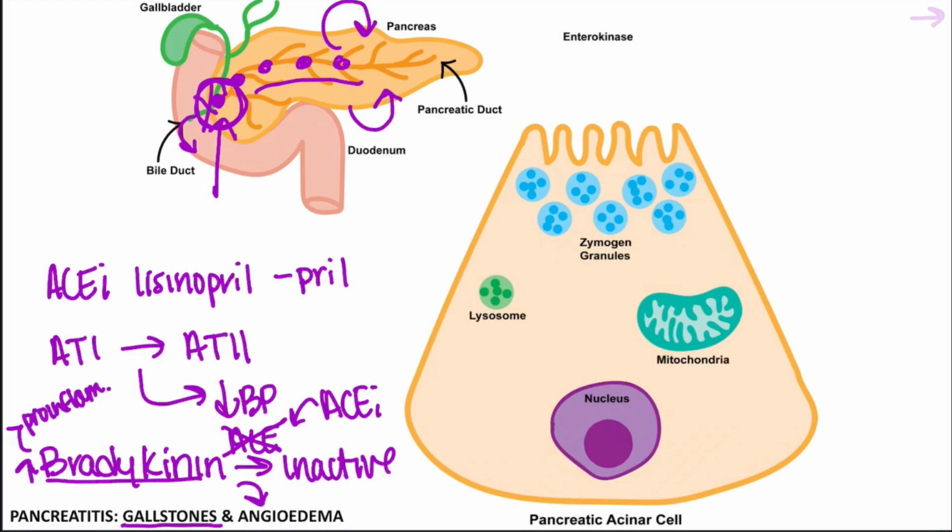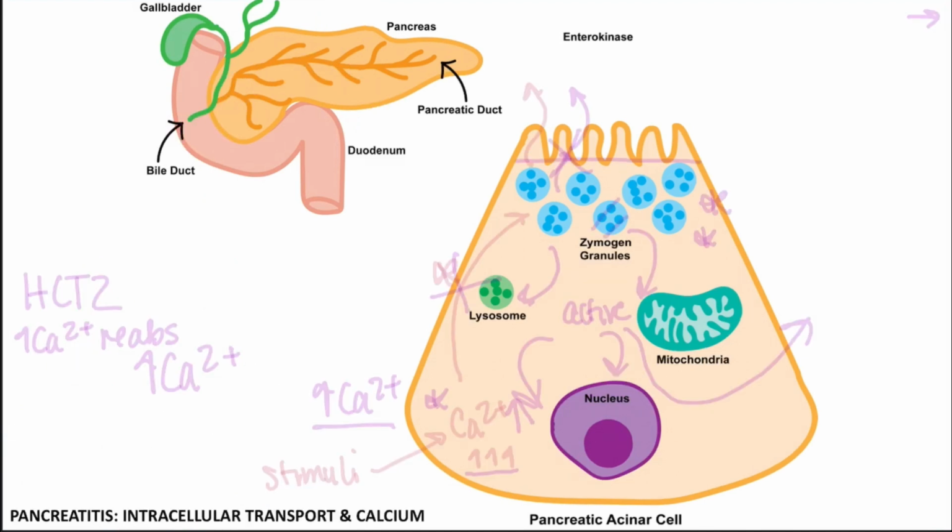Now, ACE inhibitors and their mechanism behind pancreatitis is just but one example of how duct obstruction from a drug's effects can lead to pancreatitis. So moving on to the next slide. The second way in which a drug can trigger acute pancreatitis is through the alteration of intracellular transport of these secretory granules in the pancreatic acinar cells.